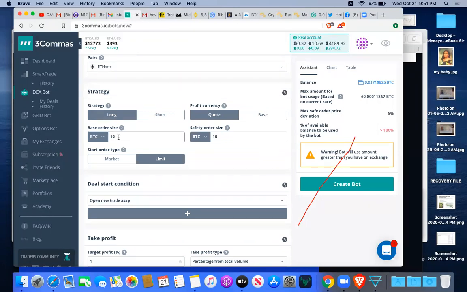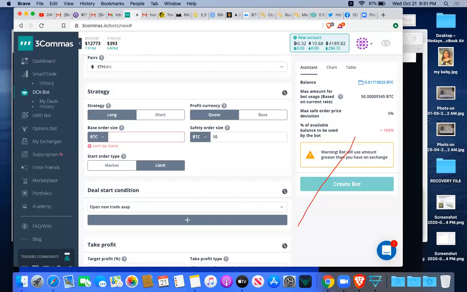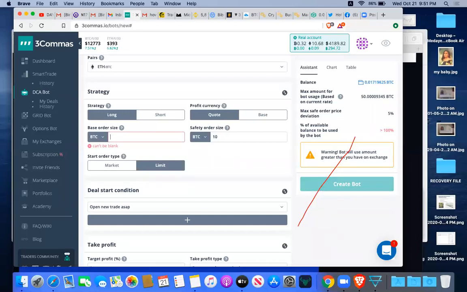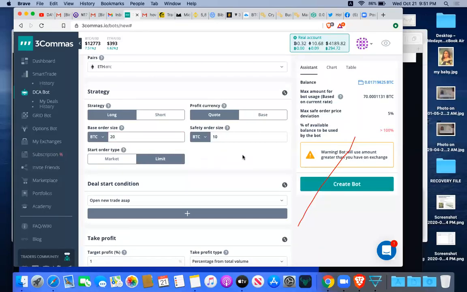How much do I want to use? Say $10 worth or $20 worth of BTC.